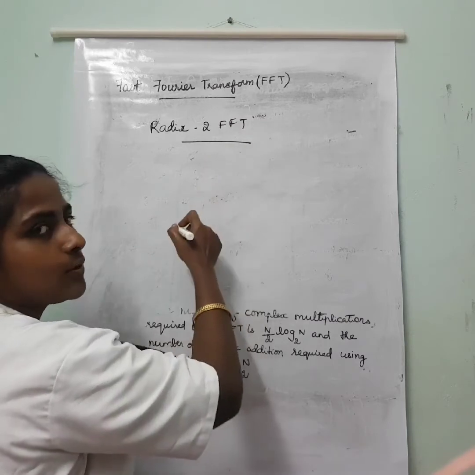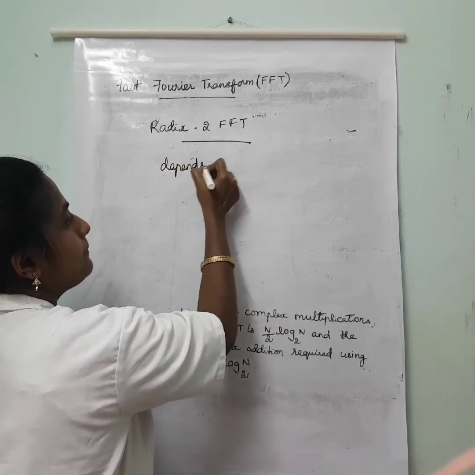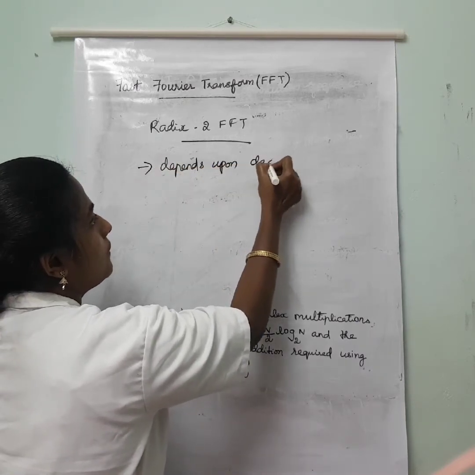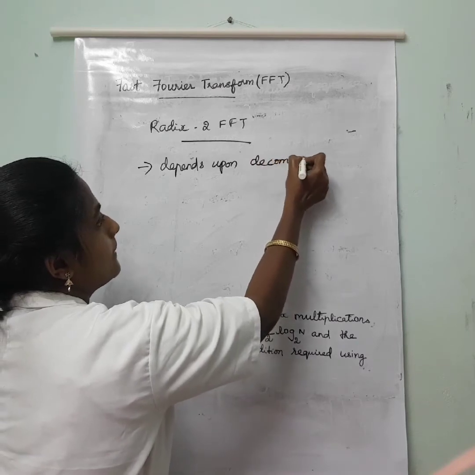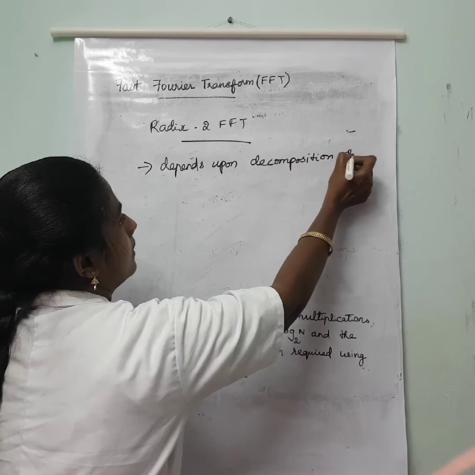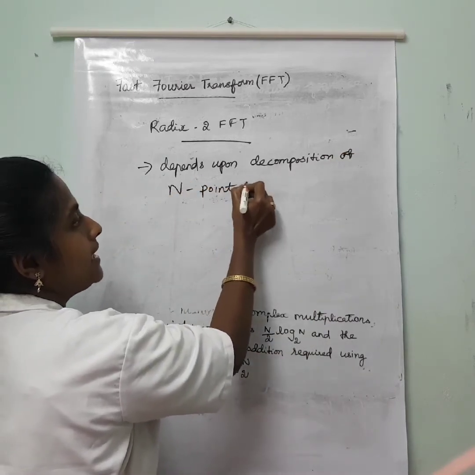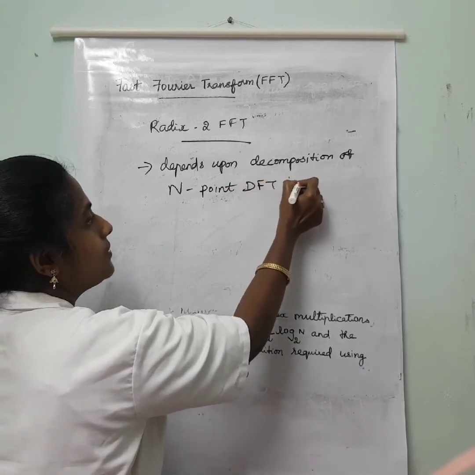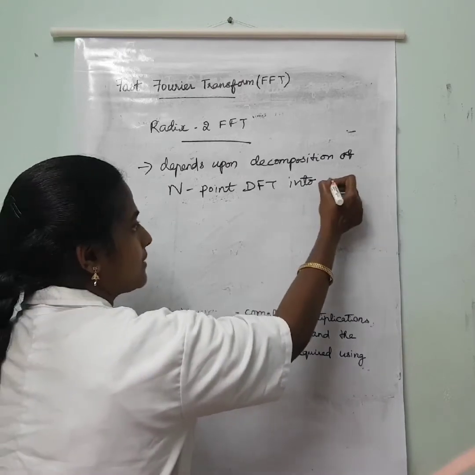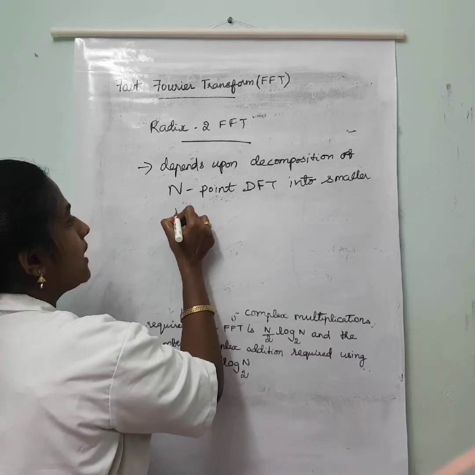This radix 2 FFT depends upon the decomposition of n-point DFT into successively smaller DFTs.